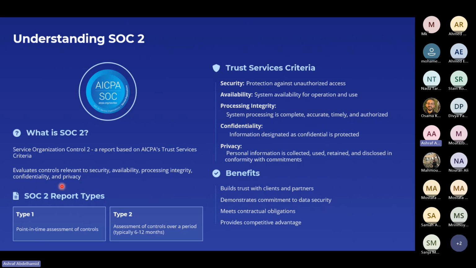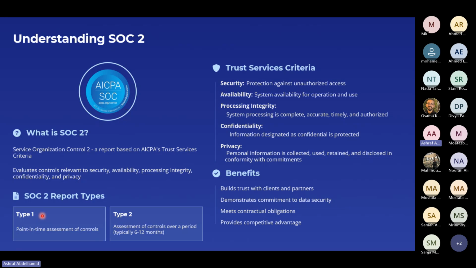Again, we said that we have SOC 1 based on the financial aspect of the organization, and SOC 2 focusing on information security. For SOC 2, we have two types: type 1 and type 2. Type 1 means that when the audit takes place, it is like a snapshot.